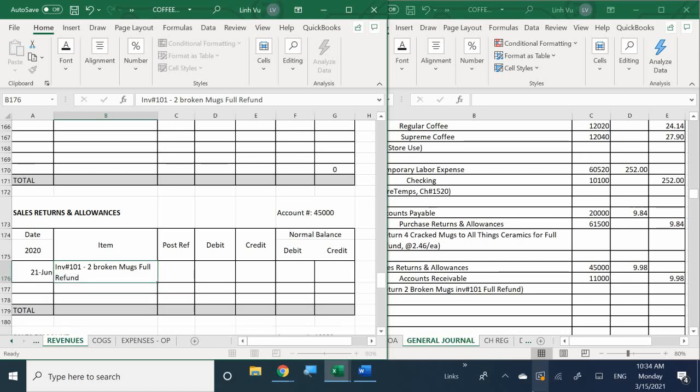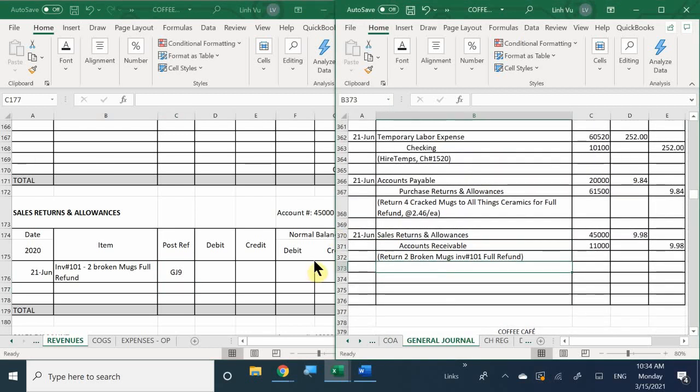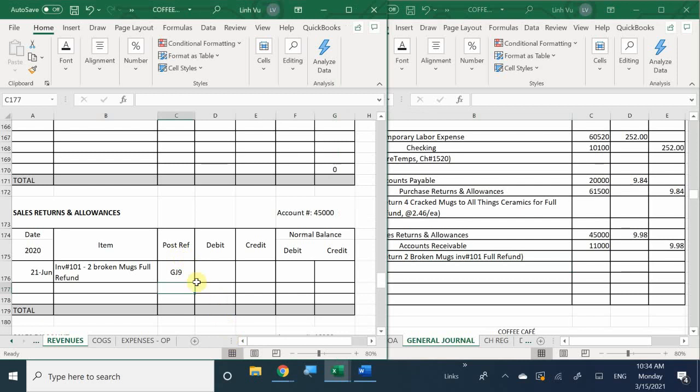There you go. Full refund. Okay. This is General Journal. Are we still on 9? Yes. Okay, perfect. We just made it to the end. So there we go. General Journal 9.